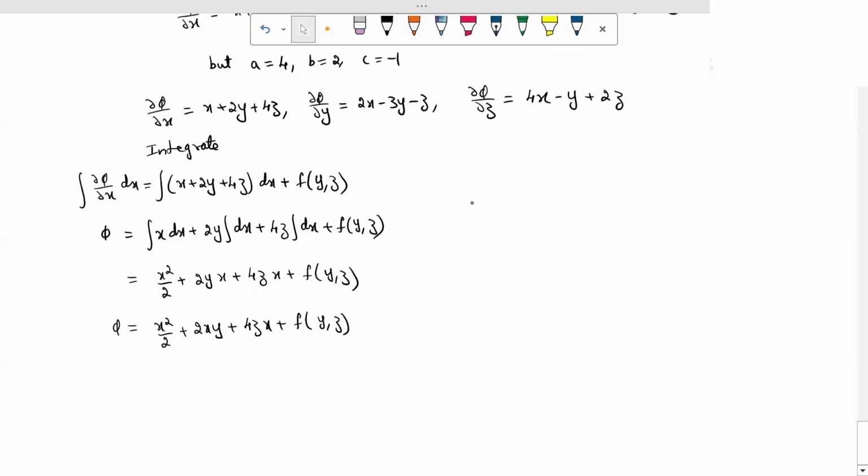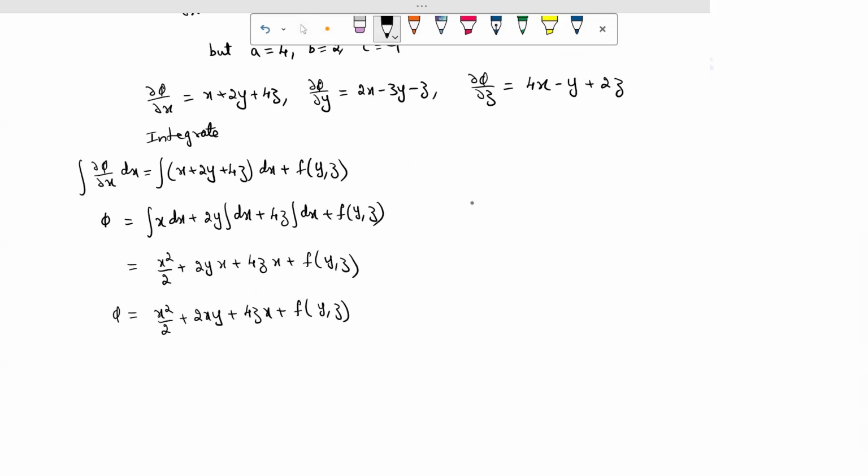We have obtained φ just by integrating ∂φ/∂x. Let me take this as equation number 1. It is better that we call these equations 1, 2, 3, and this one 4.